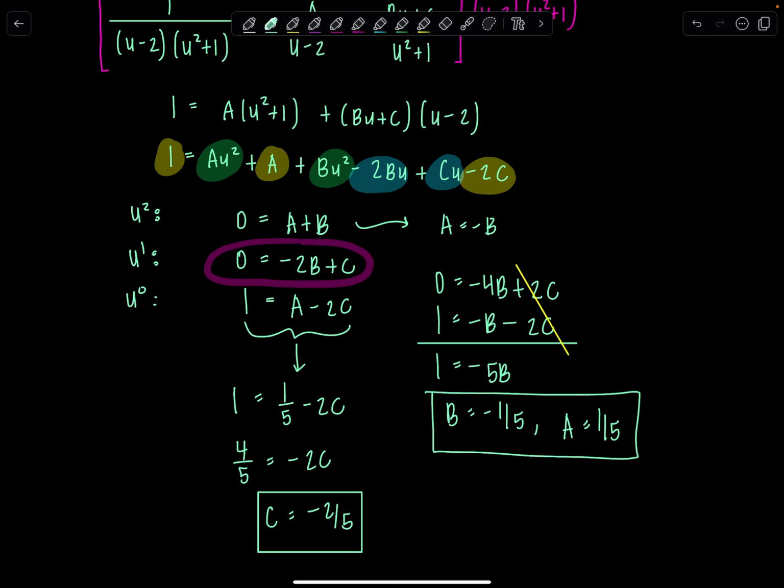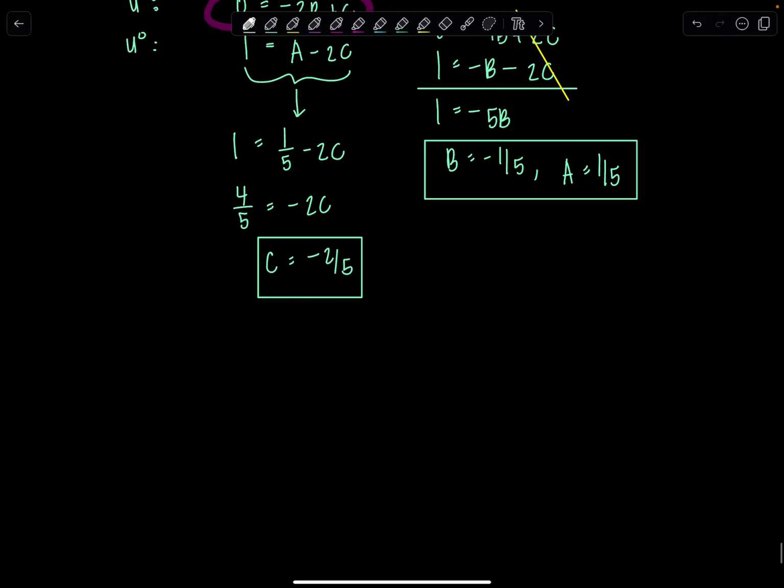Okay, good. See, this problem had a little bit of everything. So now we have the integral of a, which is positive 1/5 over u minus 2, plus bu, so negative 1/5 u, plus c, minus 2/5, and this was all over u squared plus 1 du.